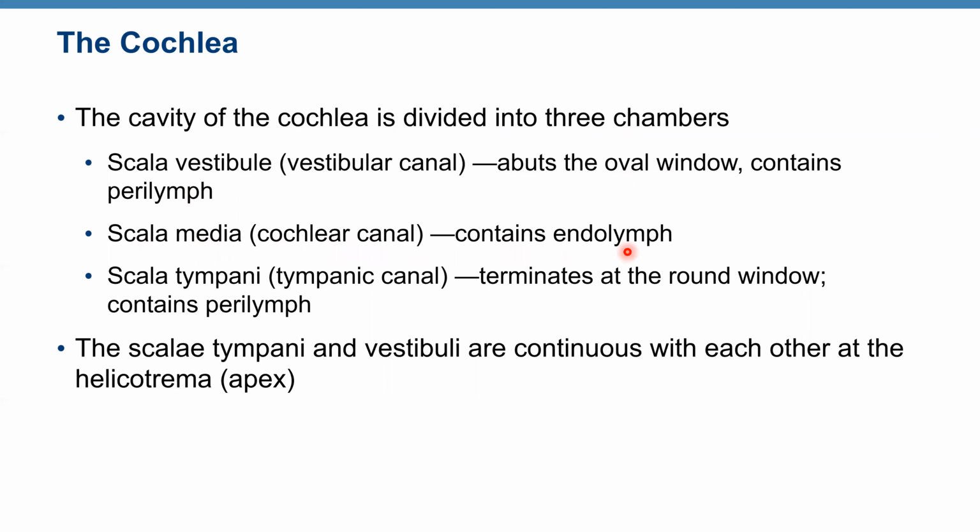This one contains endolymph. And on the bottom, we have scala tympani or tympanic canal, which terminates at the round window and contains perilymph. The scala tympani and vestibuli are continuous with each other at the helicotrema, which is the apex.